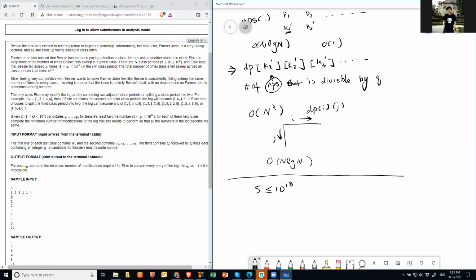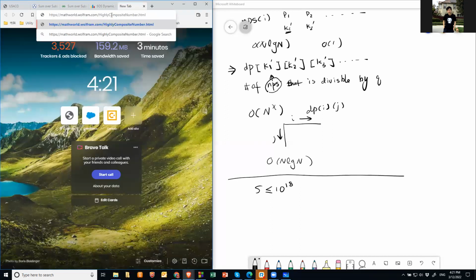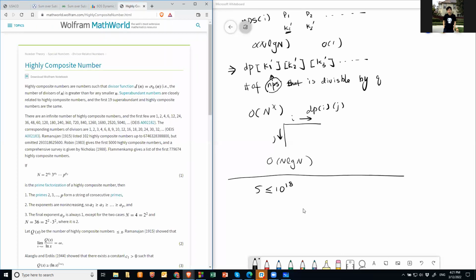There's a concept called, if I remember the term correctly, highly composite numbers. If you look it up in the math world, a highly composite number is basically, for all the numbers less than, let's say, 10 to the power of 18, you break into the prime factors and make all the possible combinations out of those primes, and ask how many numbers you can make.